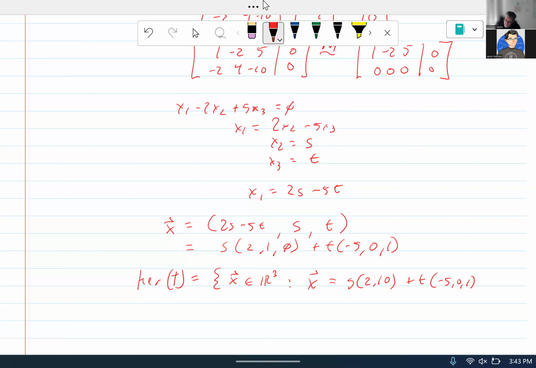And I'm not looking for a basis. I'm just looking for what these values could be. And so I can stop at this point here.